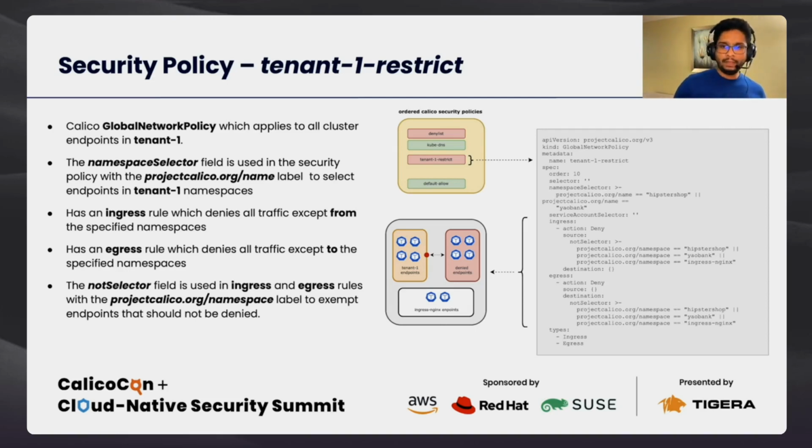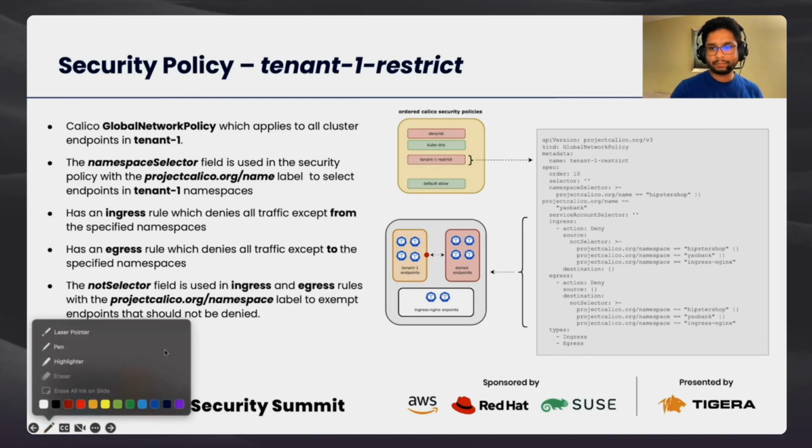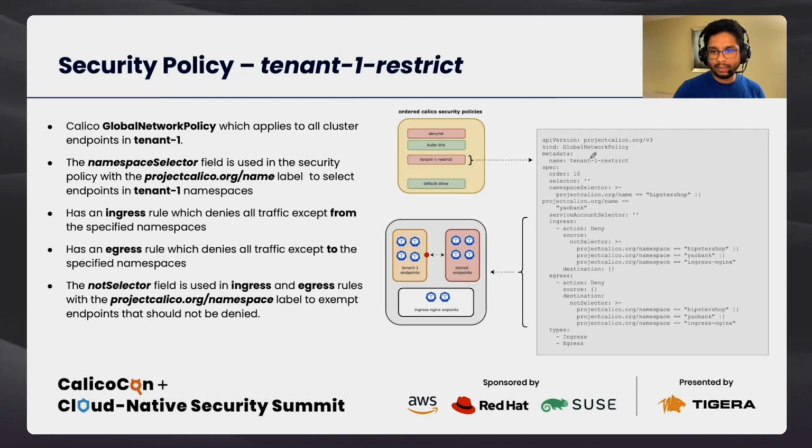Okay, so this is a global network policy, and in the policy, the namespace selector is used to specify the Hipster Shop and Yao Bank namespaces. So this policy applies to the Hipster Shop and Yao Bank endpoints.